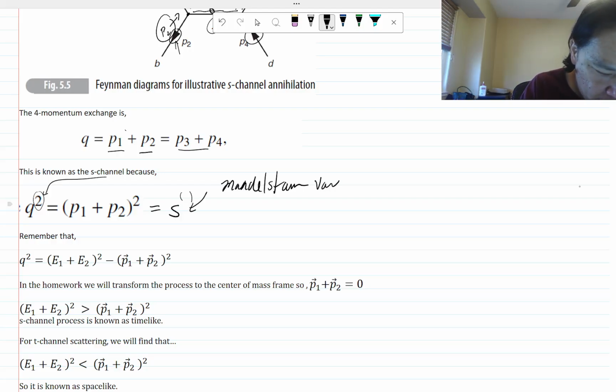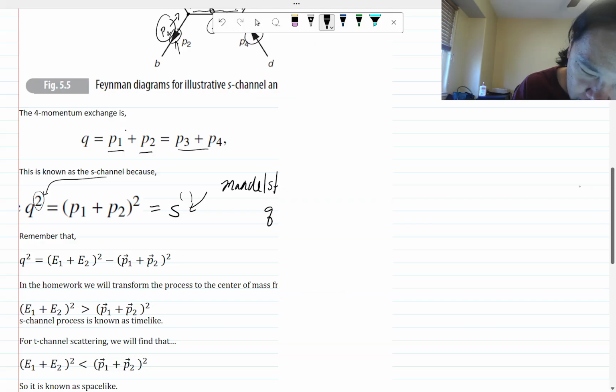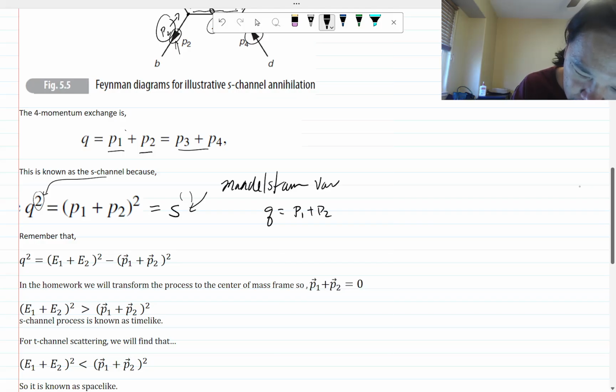So remember that when you do a four-momentum, Q is equal to P1 plus P2. Let's just calculate Q squared.